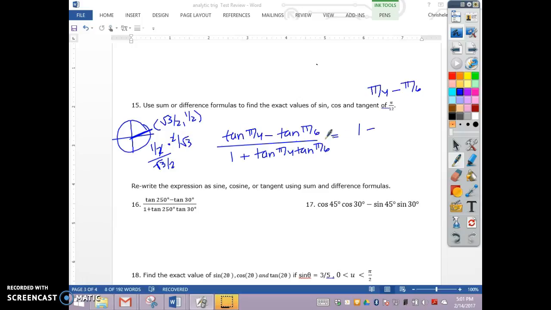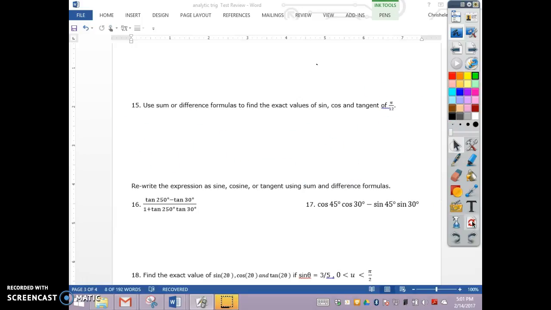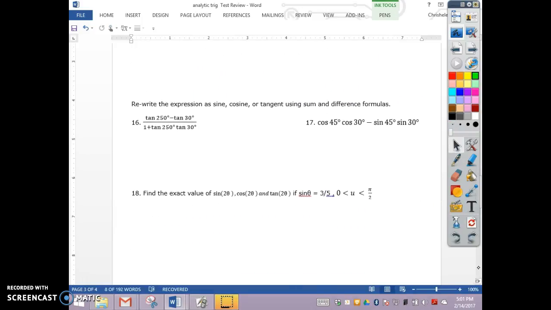The 2's cancel, and then we have to rationalize. 1 plus 1 times square root of 3 over 3. So again, you can just leave it like this. Boom, done.